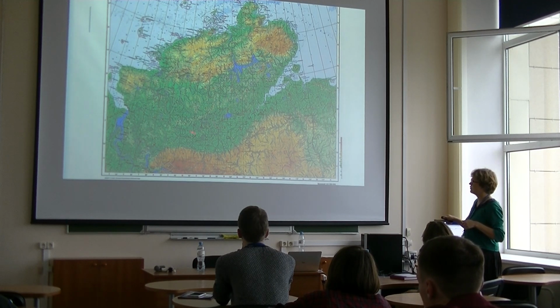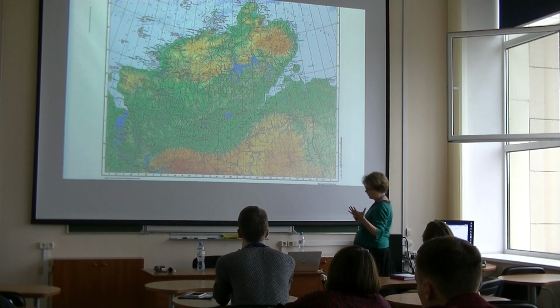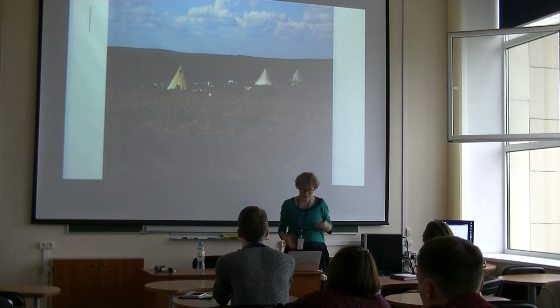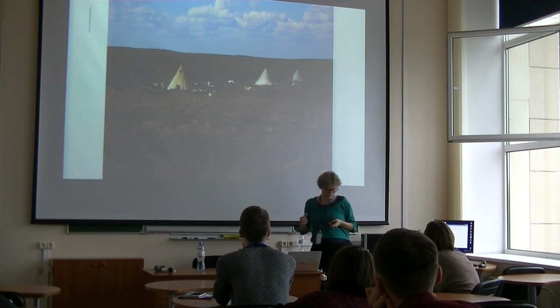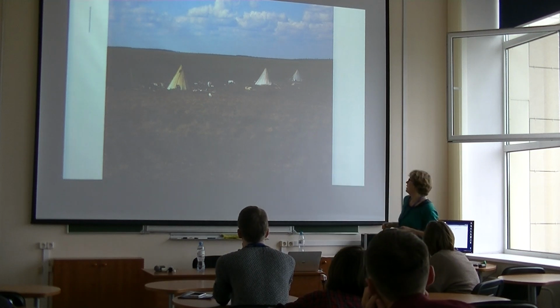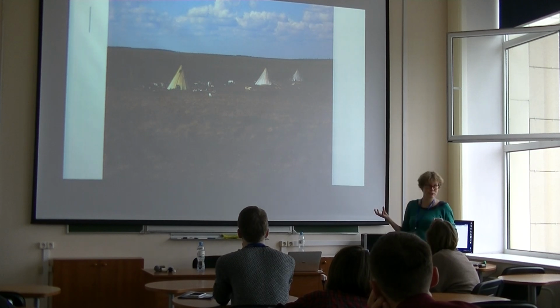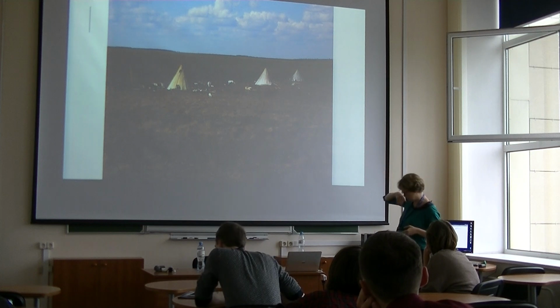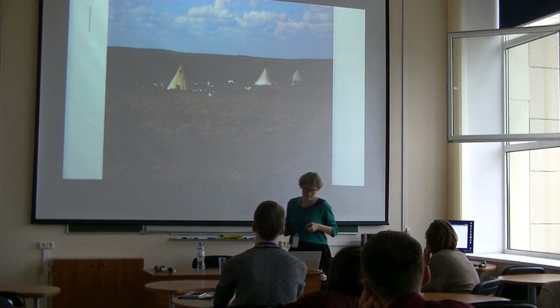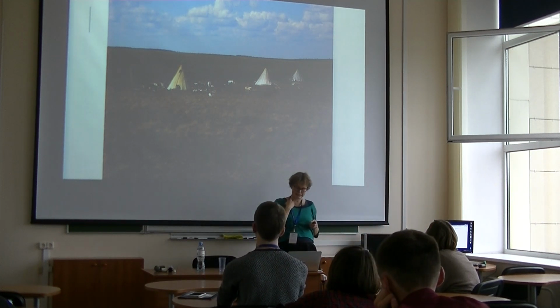And you have forest tundra here and plain tundra there, and some pictures just to give you a visual idea of what we are talking about. Very good quality, but this is basically plain tundra without forest, which is more to the north. And this is a modern picture with some Nenets tents.